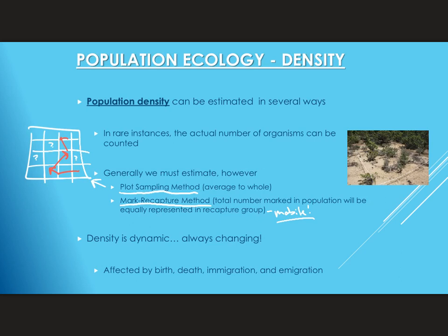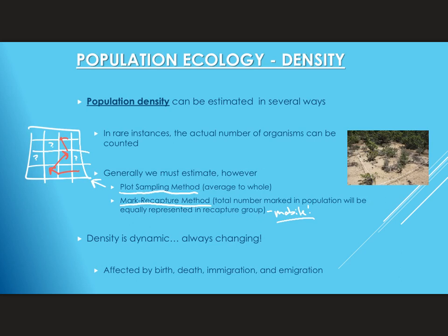So mark recapture includes tagging. We tag a group of organisms in a population, then we recollect organisms later, and we try to put that into the whole. It's really just a sort of fractional analysis, so to speak, that we use to estimate an entire population size.